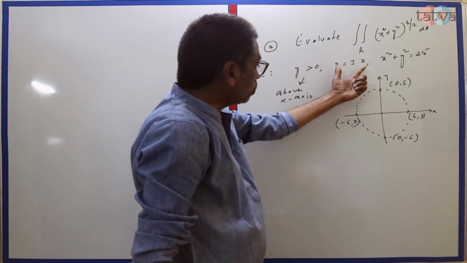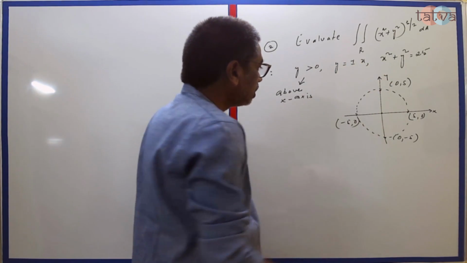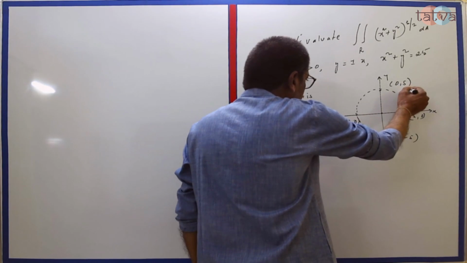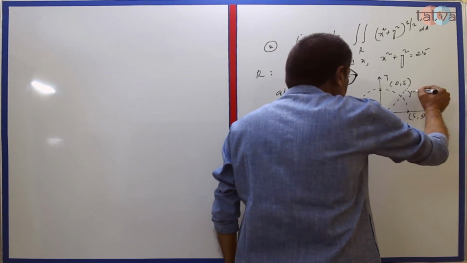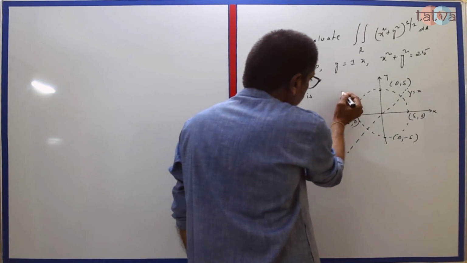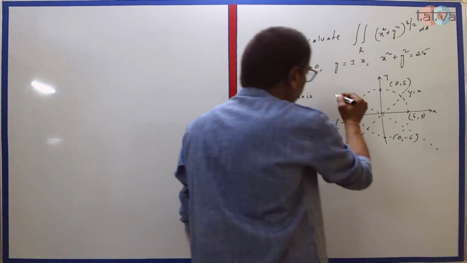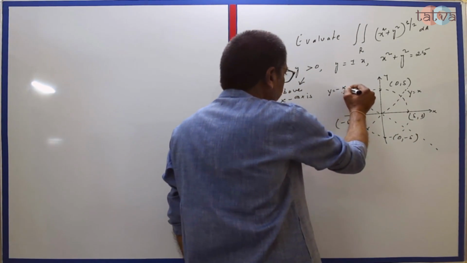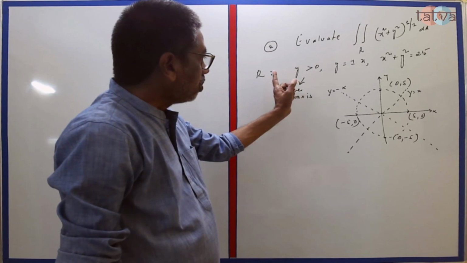Then we've got two very important pieces of information here. y is equal to x. That is this straight line. So let me immediately label that y is equal to x. And y is equal to minus x would be this line. Let me also label that immediately. So just imagine what the region is.